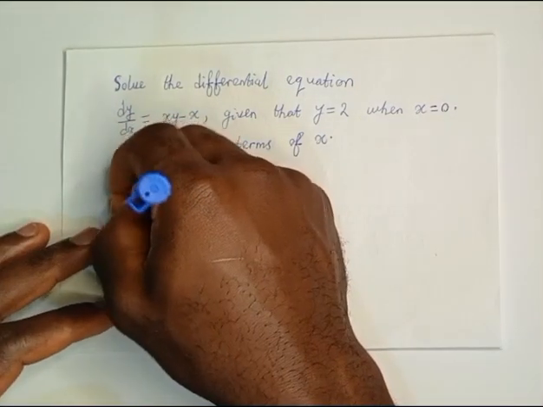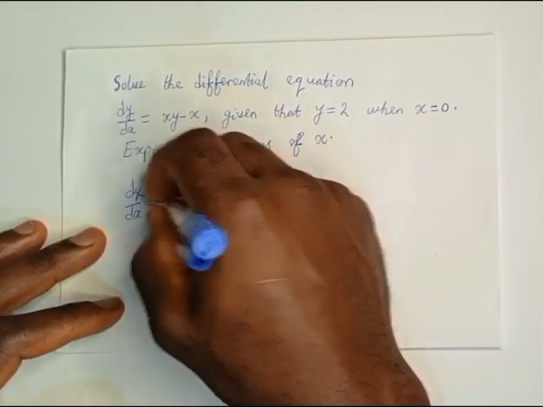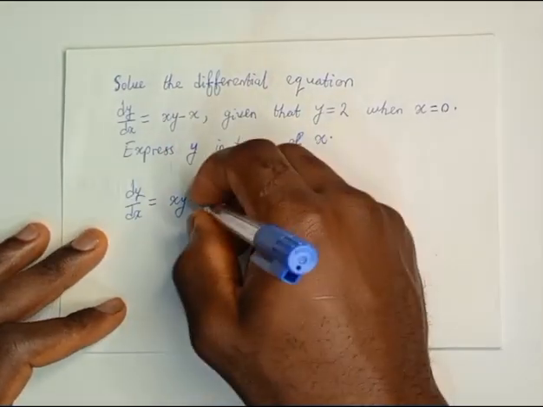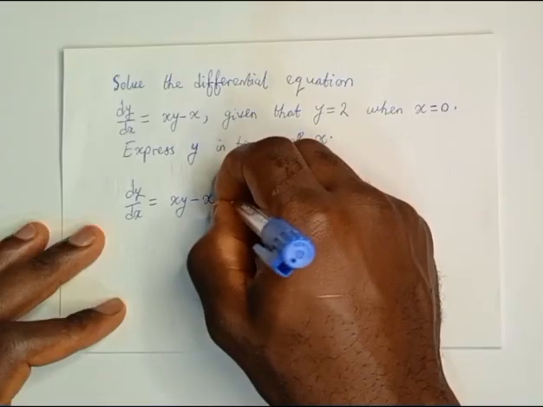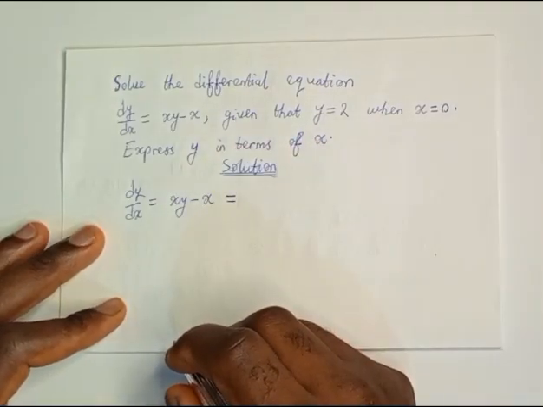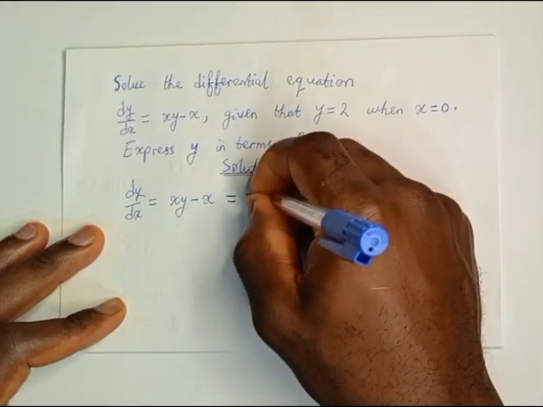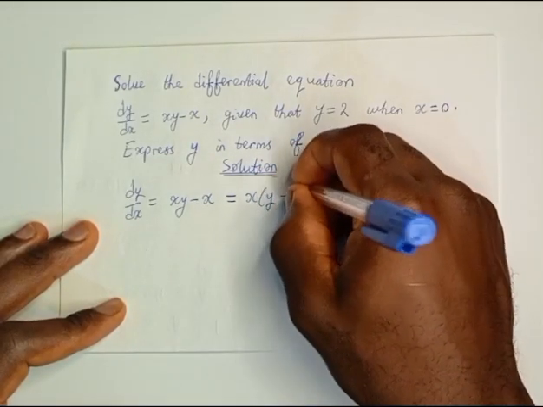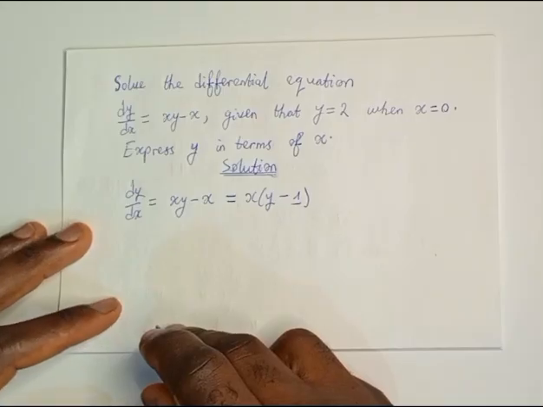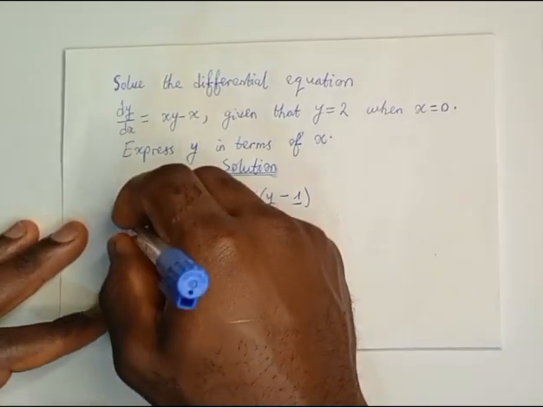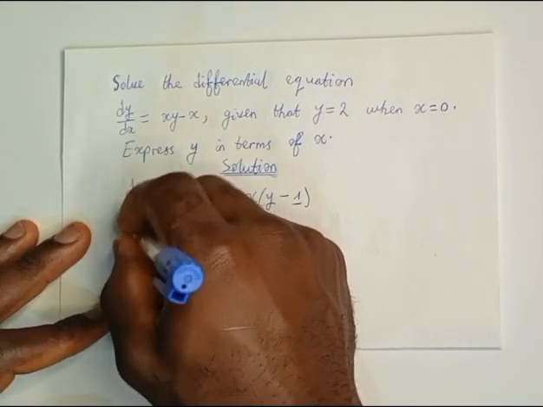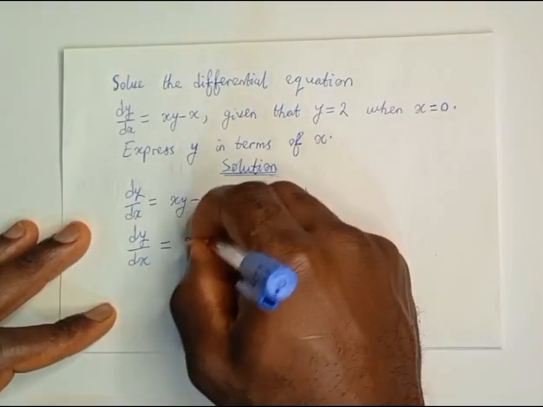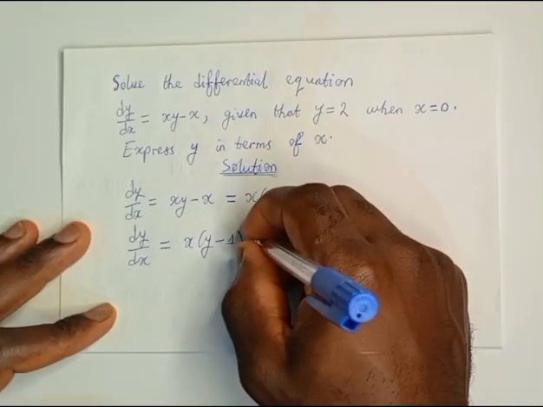Write down the differential equation dy/dx = xy - x. On the right hand side we can factor out x, which is common: x times y gives us xy, x times negative 1 gives us negative x. So dy/dx is simply equal to x(y - 1).